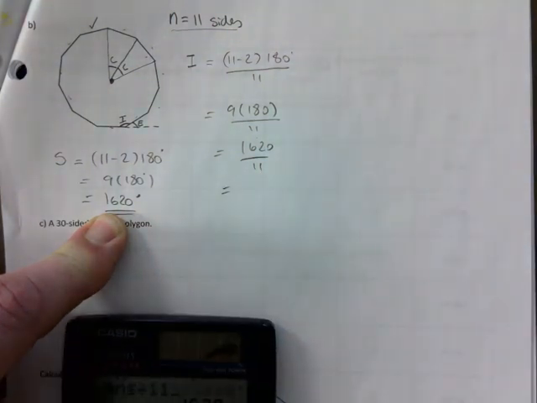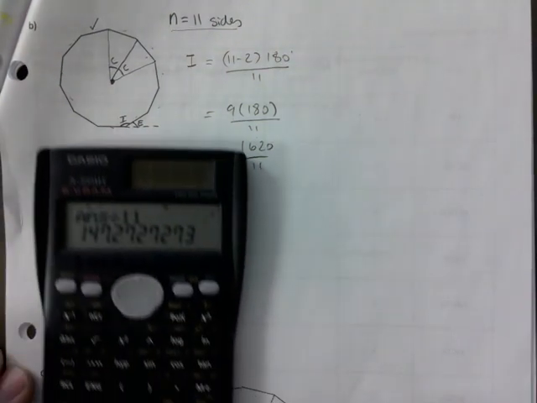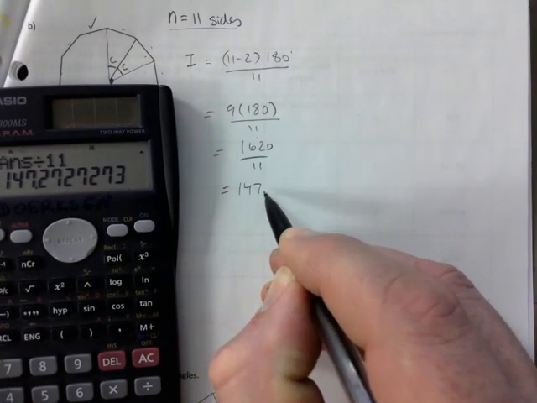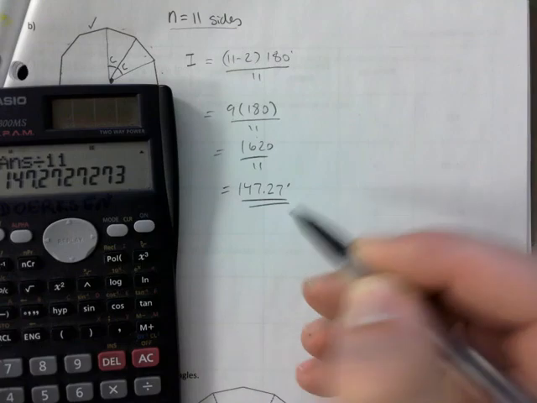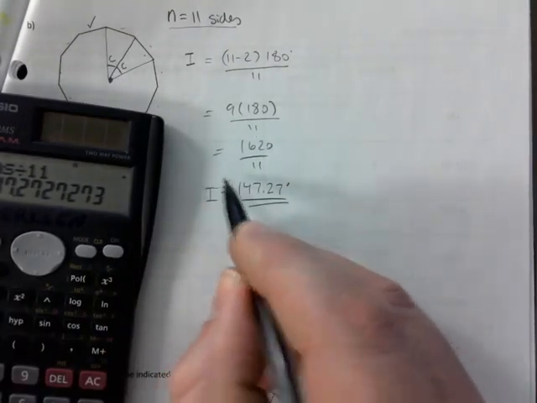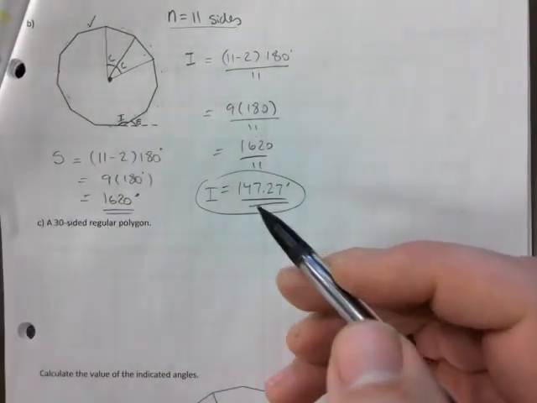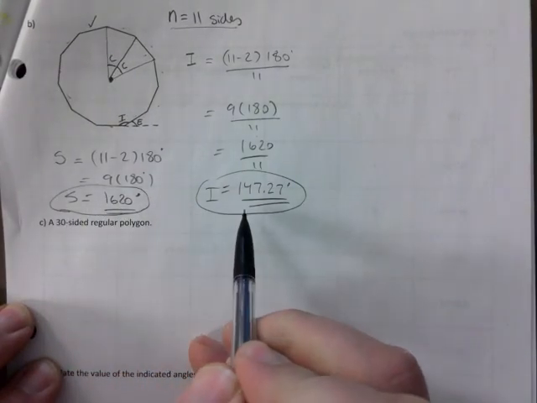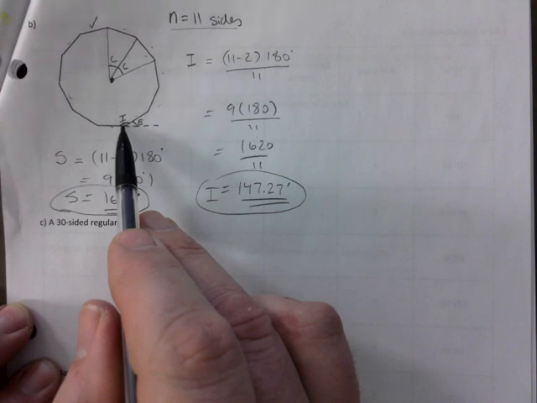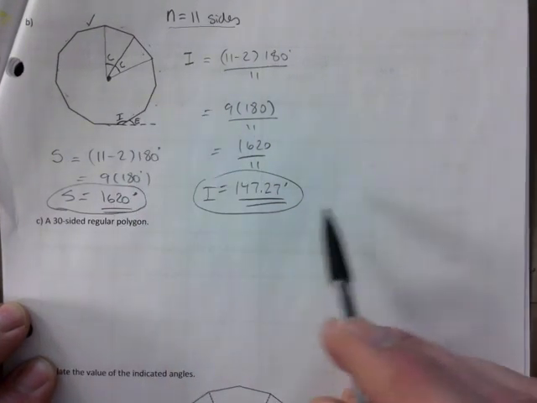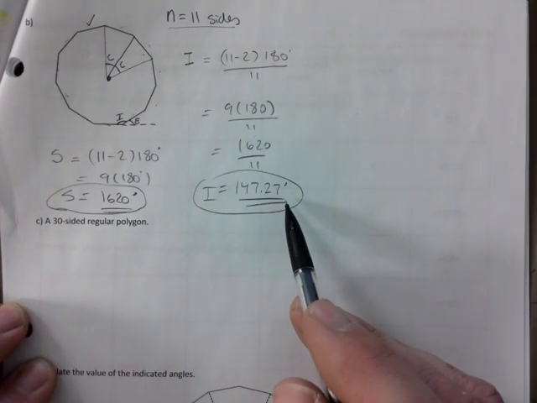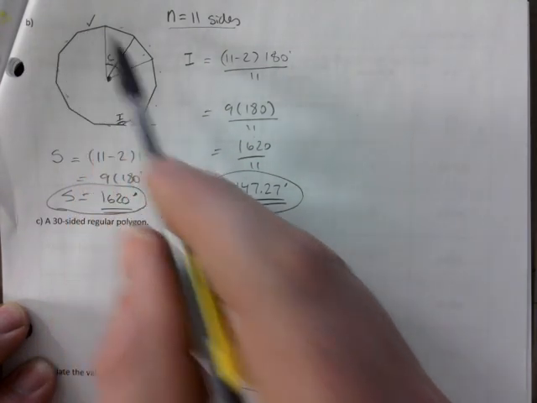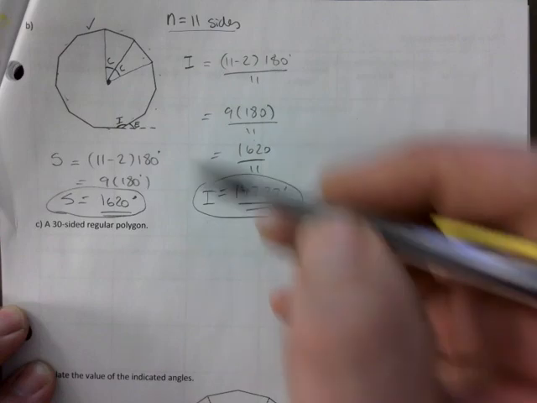So I'm just going to divide the 1620 by 11, and I get 147.27 degrees. That's I. This is the sum of all interior angles, and this is just one. Each interior angle on this shape would be 147.27. Each of the I's all around, and there's 11 of them, would be 147.27. That's I.